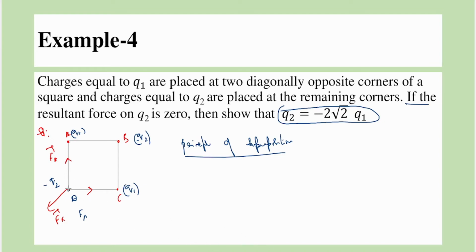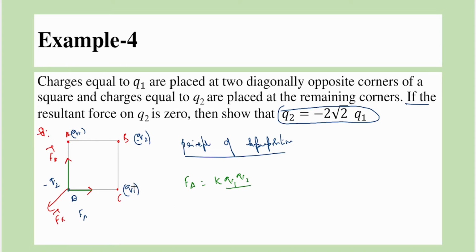So Fa is the force which is because of the charge kept at point A, and this is Fc and this is Fb. We'll first find what is Fa. So Fa is equal to, we'll just write Q in this case, there's no need to put numericals here, just put K, and then we're finding the force between the charge at point A and point D, so it becomes Q1, and then here is Q2 by some distance.